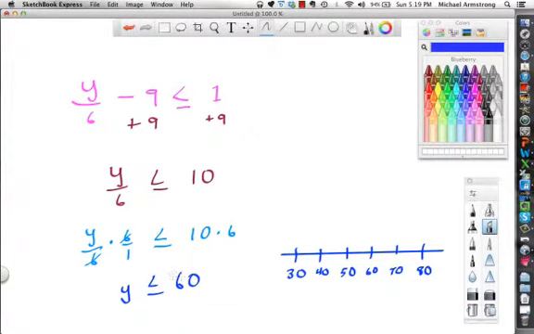And this is that y is less than or equal to 60, so when we come over here to do 60, we're going to make a hollow circle, but it's also equal to, which means that we need to fill in our hollow circle to make it a big round solid circle. And it's less than, which is in the left direction. And put little arrows on our arrow. There we go. Y is less than or equal to 60. Looks like that. And that's how that works.